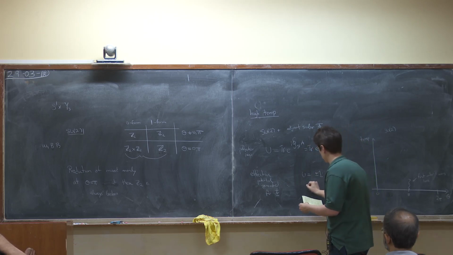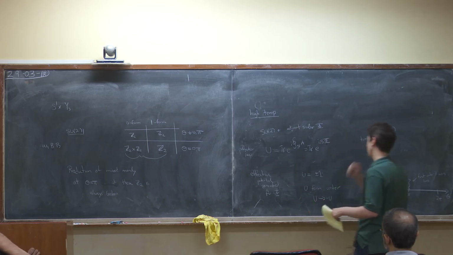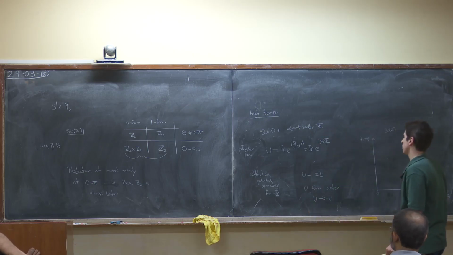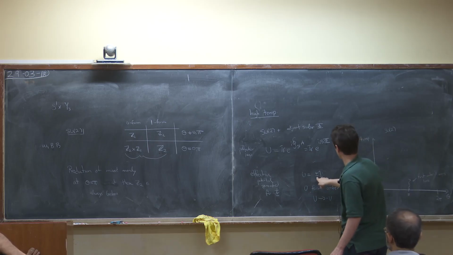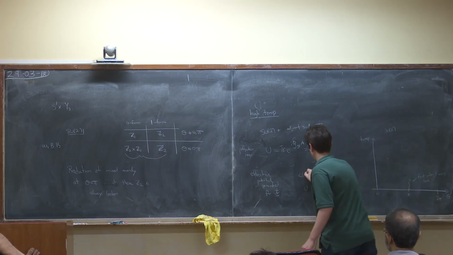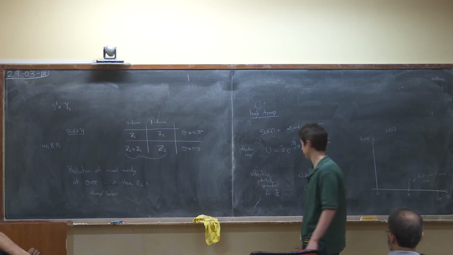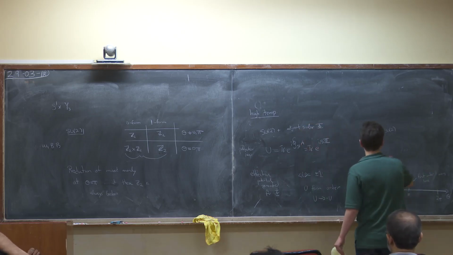Under the zero form center symmetry, u goes to minus u. So therefore, this expectation value breaks the zero form center symmetry. And so this is the deconfinement transition.